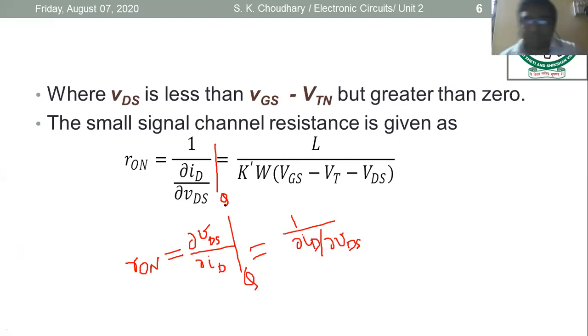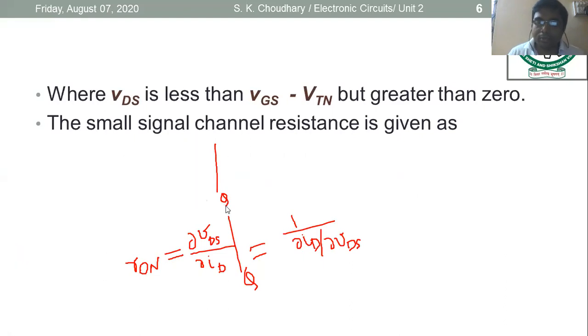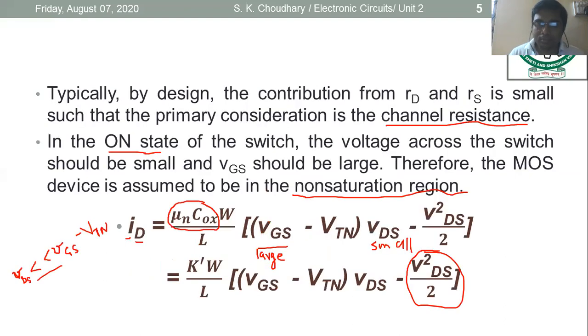So what would the equation come out as? If you remember the previous equation, you have to differentiate the ID with respect to VDS. K dash is a constant here, W by L is a constant here, so they remain as they are. Only this term has to be differentiated with respect to VDS.